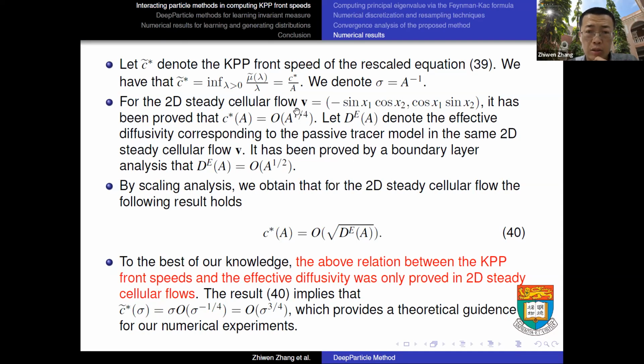That's the analysis result. Also, for the effective diffusivity of this type of flow, they have this relationship. So equation 40 means c star and effective diffusivity have this square root relationship.